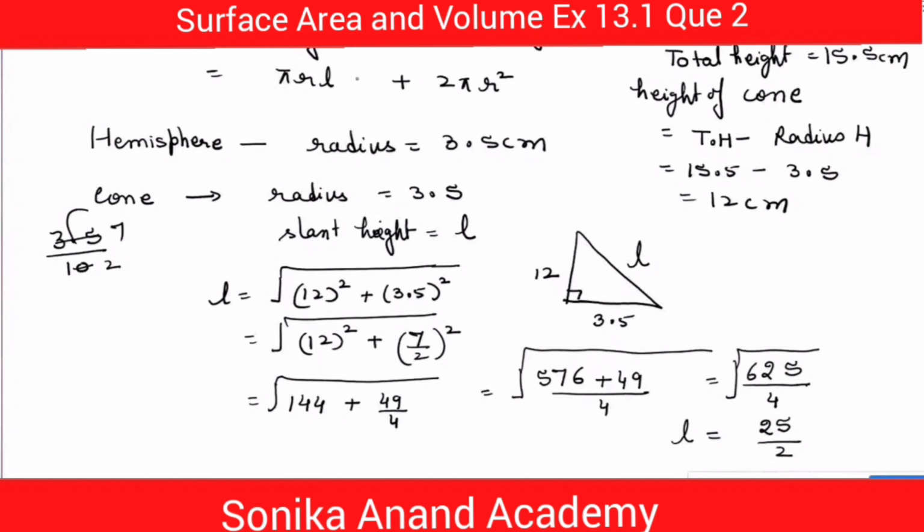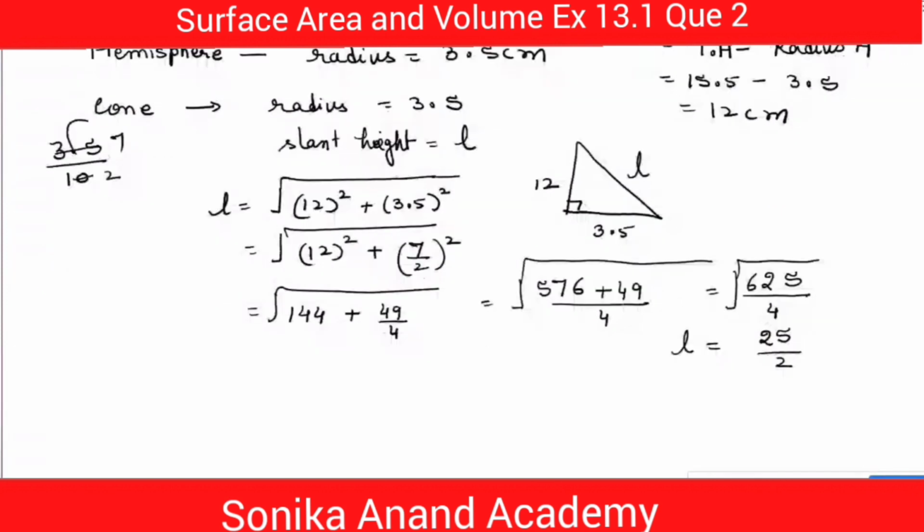Now we have every data: r, l. Now we put all the values here and try to find the surface area. So the surface area of the toy is equal to pi r l plus 2 pi r square. I can do one more thing.